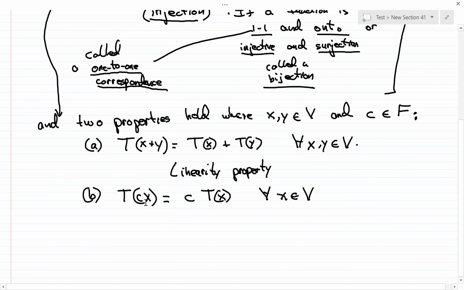What it really says is, if you take a vector, scalar multiply it, and then transform it, you get the same vector as if you first transformed it and then scalar multiplied. So I'll just call it the scalar multiplication property.